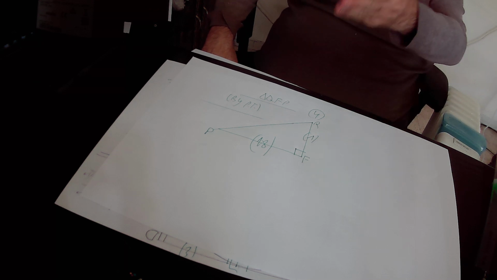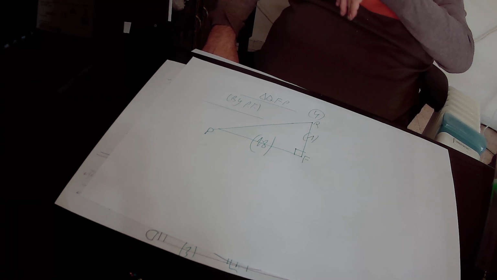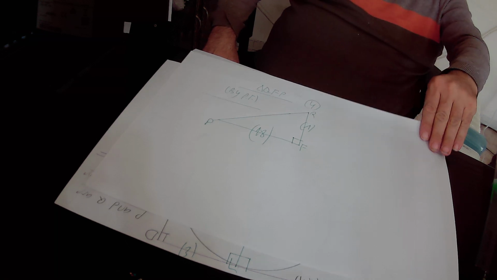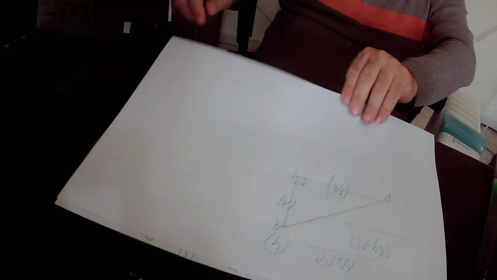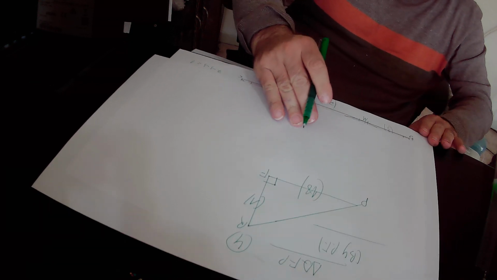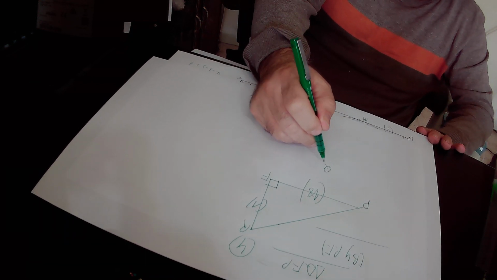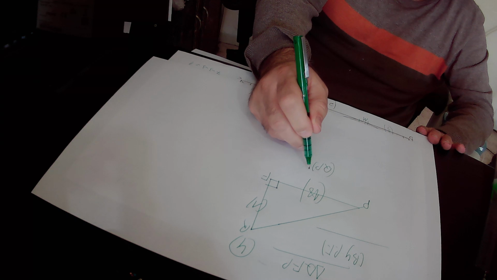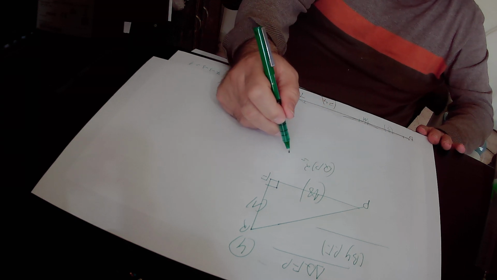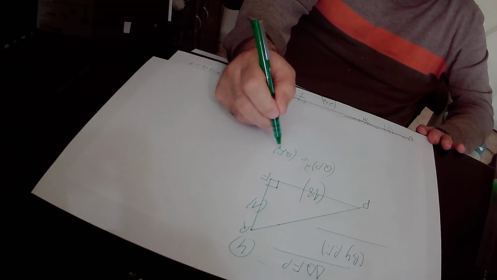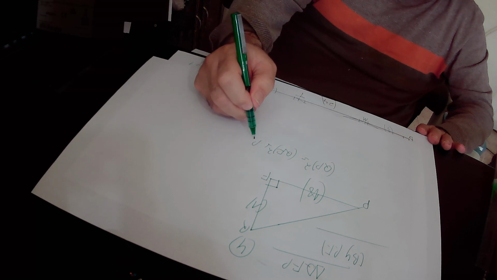So we implement the Pythagoras theorem in this right triangle QFP in order to find out the length of the hypotenuse QP. According to the Pythagoras theorem in this right triangle QPF, QP square equals QF square plus PF square.